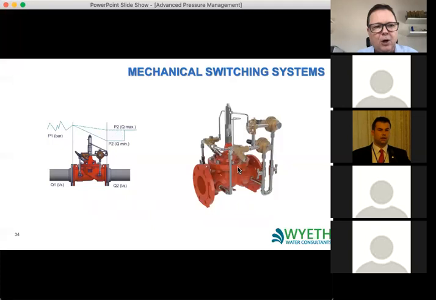So as the valve opens up more and more, that means you've got higher flow going through the valve, and it triggers the high pressure pilot to open up. But there are a few different ways that you can mechanically control your high pressures and your low pressures.